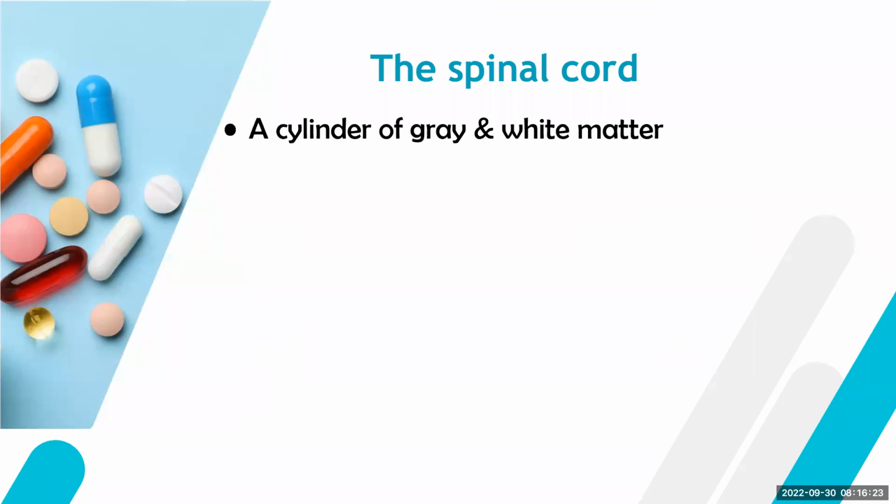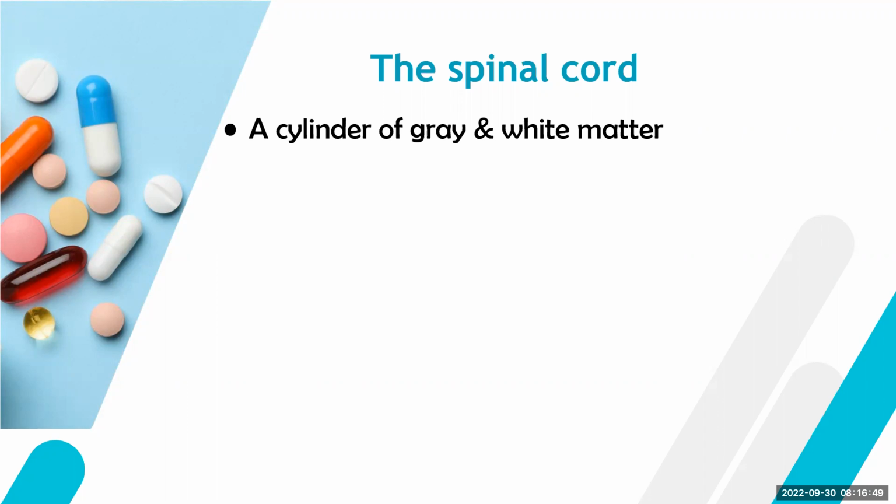And of course, on yesterday's lecture, you were already told that the anterior horn is for motor neurons, posterior horn is for sensory neurons, and the lateral or intermediolateral horn is for autonomic elements, particularly the sympathetic neurons.